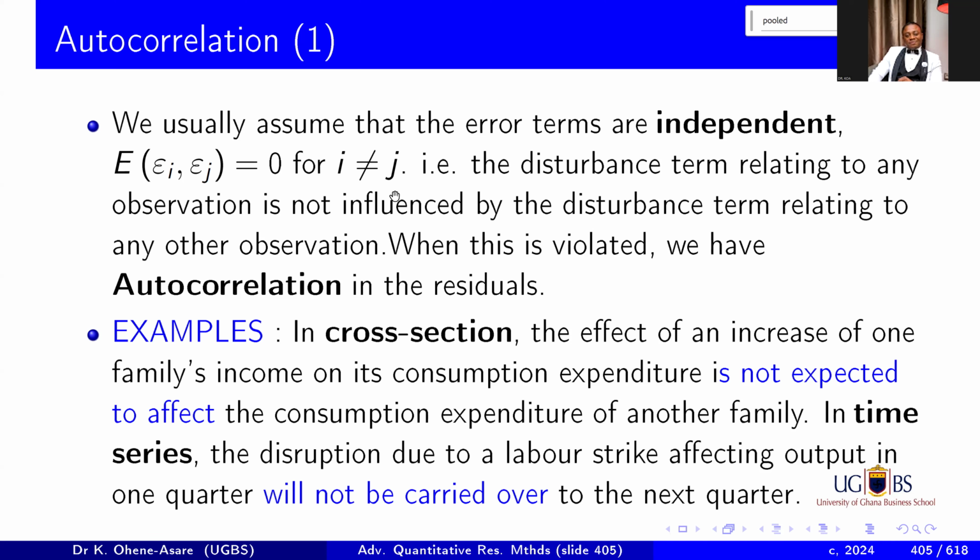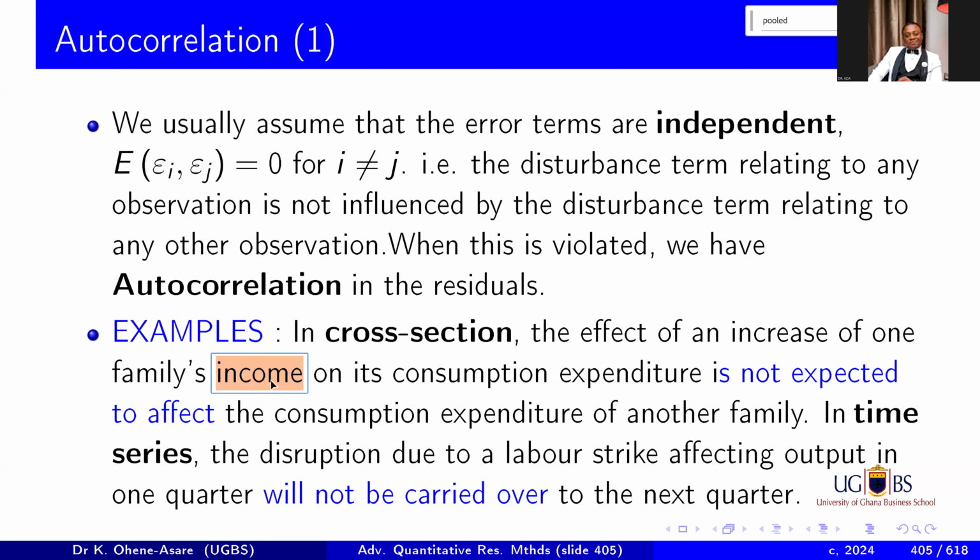But you should also note that it can happen in cross-sectional data and it can happen in time series data. In cross-sectional data, consider the influence of an increase in income of one family. Let's say you have a family in East Legon, and the income of that family went up.